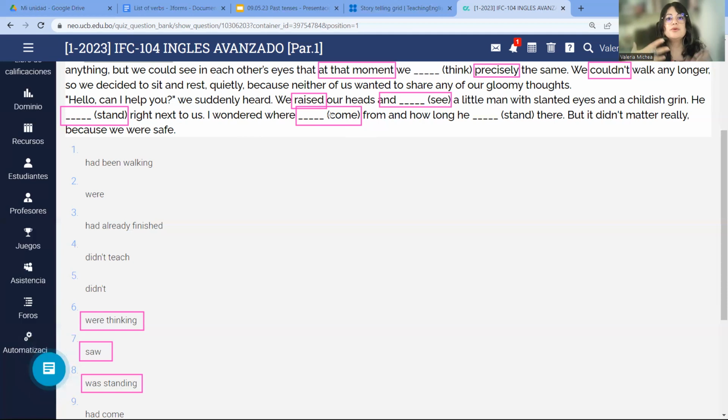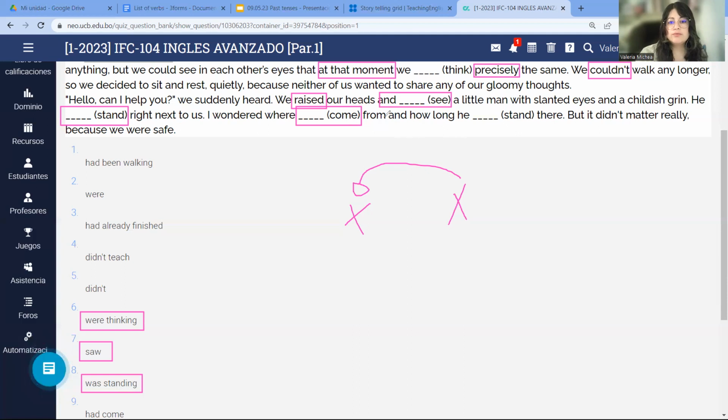So here we have an action happening before another action in the past. Let me put it this way. So I wondered where he had come from. So he came from another place before I wondered. All right, so this happened before another action in the past. That's why I would go for the past perfect simple.